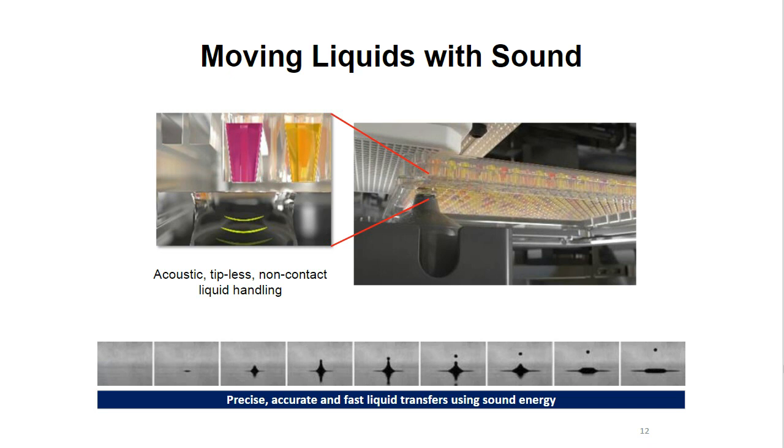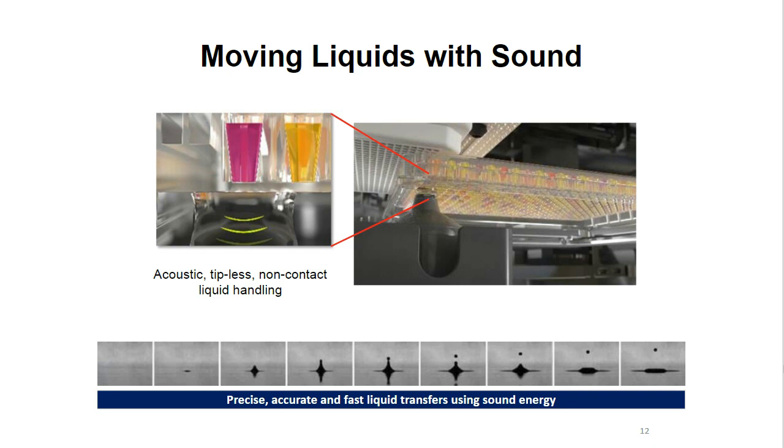Depending on whether you use an Echo 650 or 525, the speed of dispensing can go up to 6 microliters per second for the 525 and 1 microliter per second for the 650, which represents about a few hundreds of droplets per second.